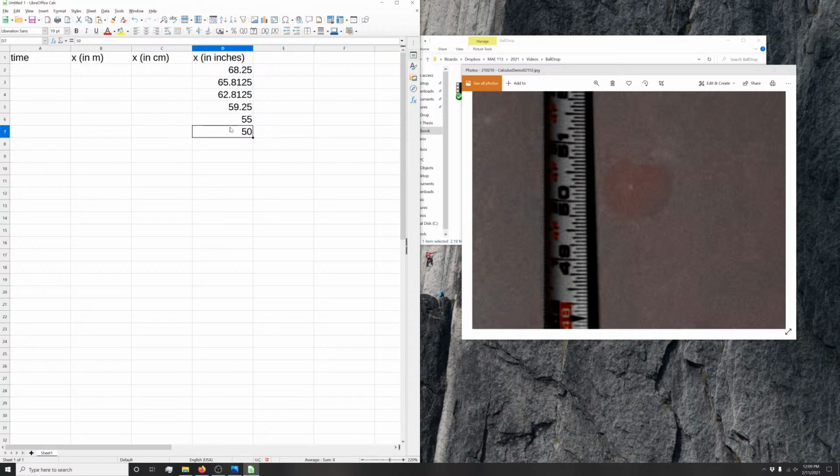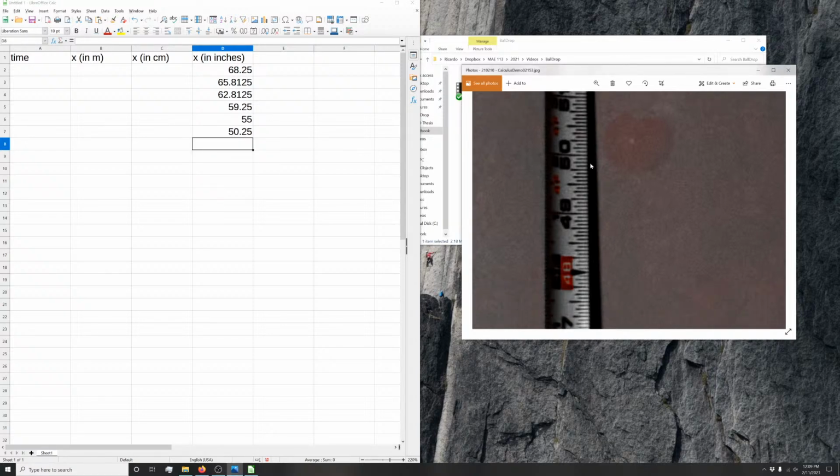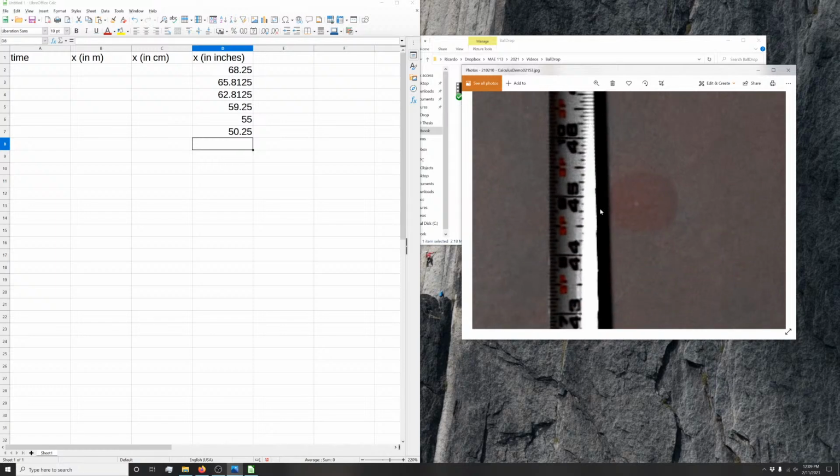So are there any questions about what I'm doing? I think it's fairly straightforward. That's about 44 7/8, so that's about 875.